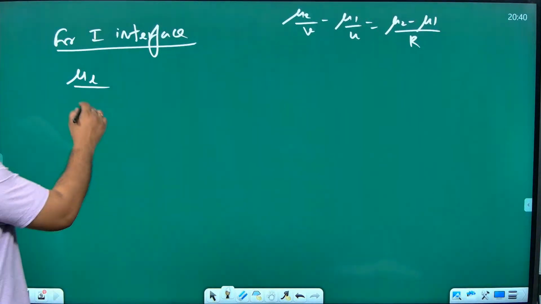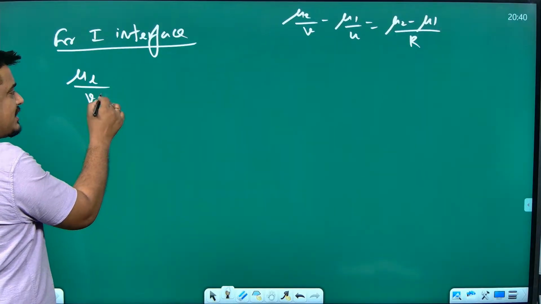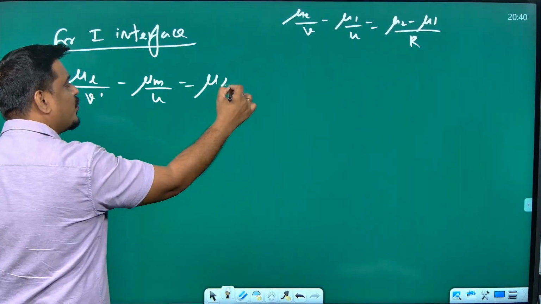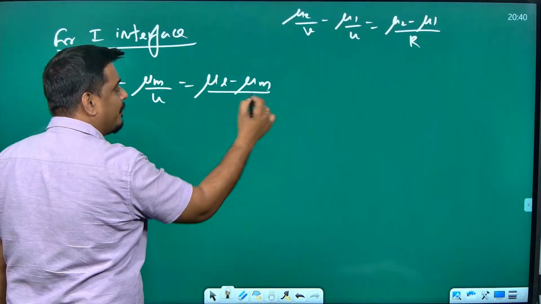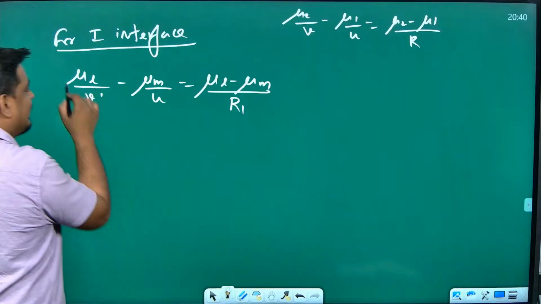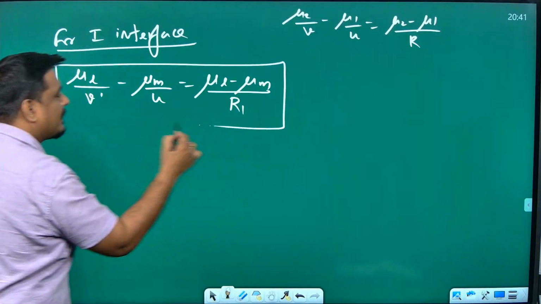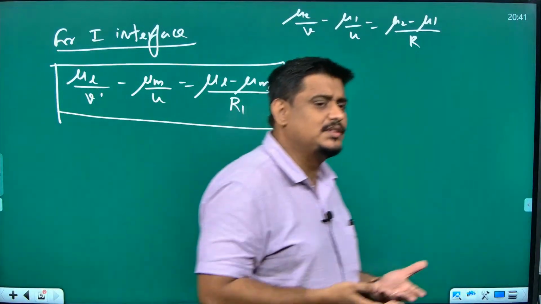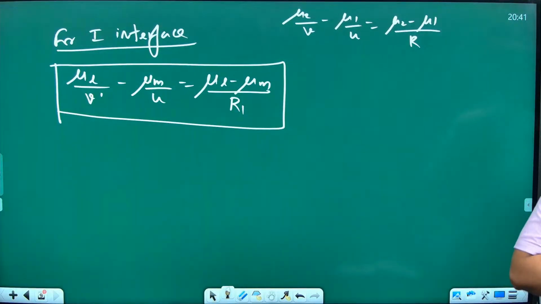So mu L by v dash minus mu m by u is equal to mu L minus mu m by r1. Can I write like this? Is it clear to you what I have done? I have just used the refraction through a spherical surface formula and I have put the values here.